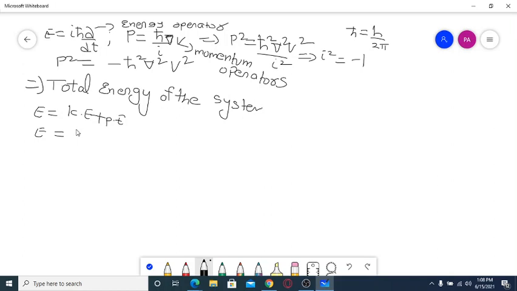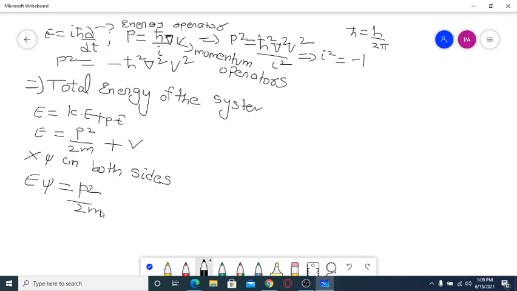Kinetic energy is p square by 2m, and potential energy is V. Multiplying psi on both sides, we get E psi equal to (p square by 2m plus V) psi, with the terms in the bracket.